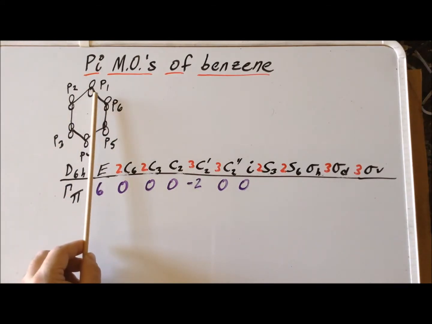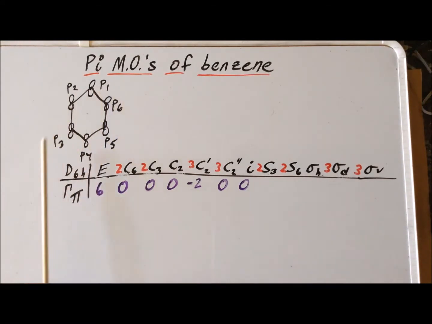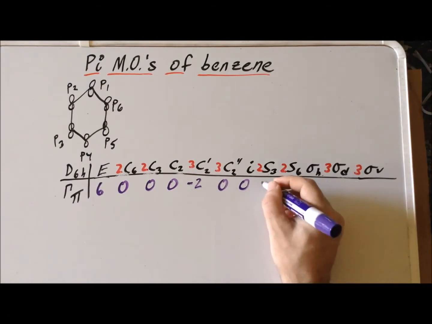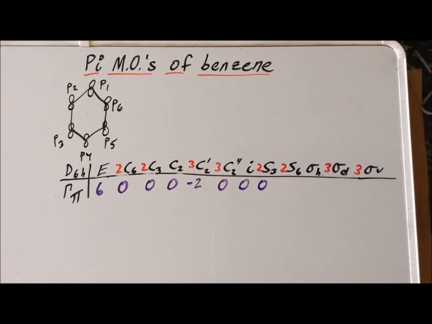As soon as we do the C3 operation, we take p1 to p3, p2 to p4, for example. Even before we do the reflection, we've moved the physical location of the orbital. Since all the orbitals move their physical location, none of them stays put. So therefore our character is going to be a 0.